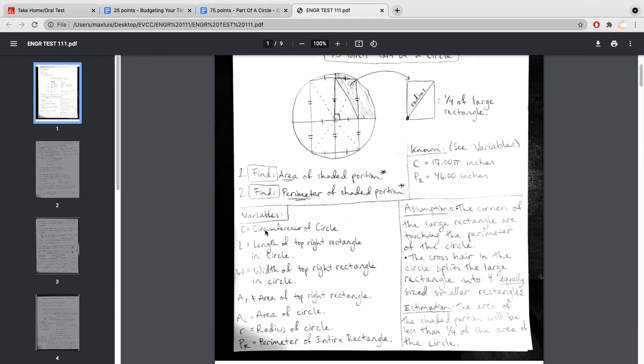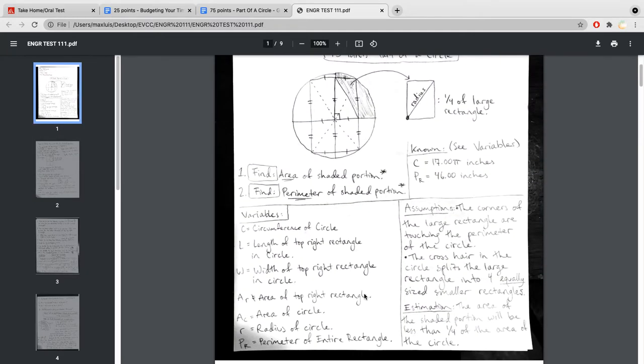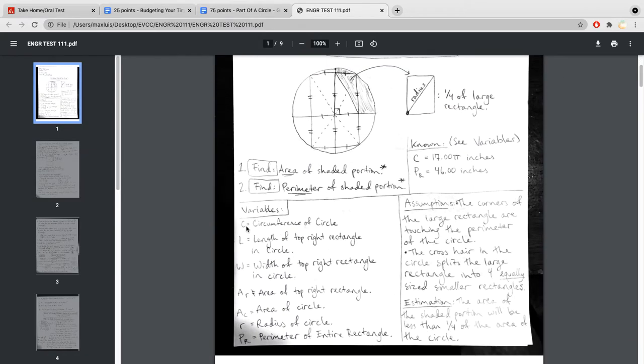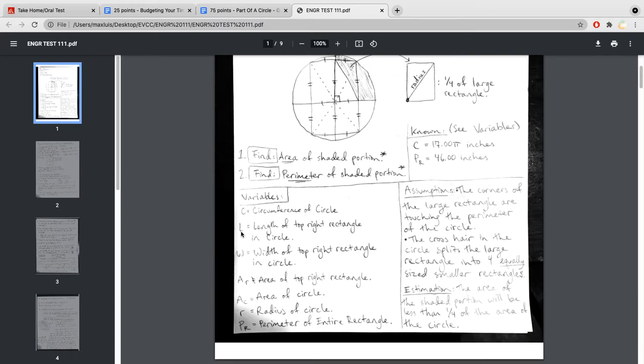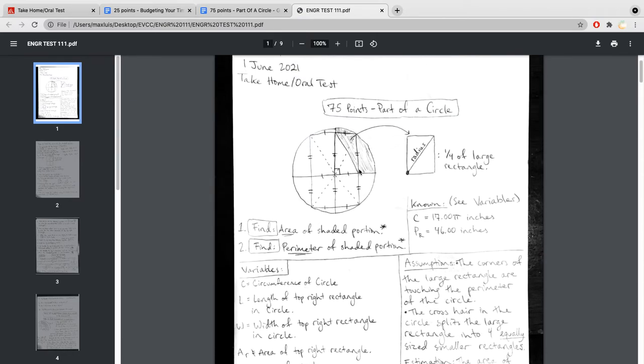I then listed my variables down here, which we'll be using later in some equations. C is equal to the circumference of the circle, L is the length of the top right rectangle in the circle, and I'm just using this rectangle as the top right rectangle.